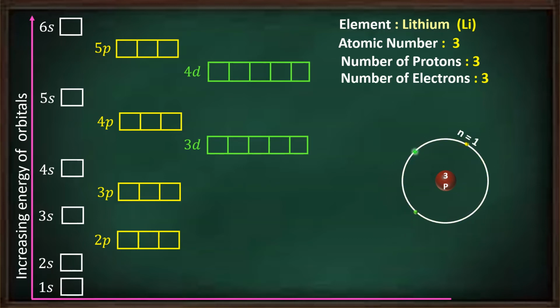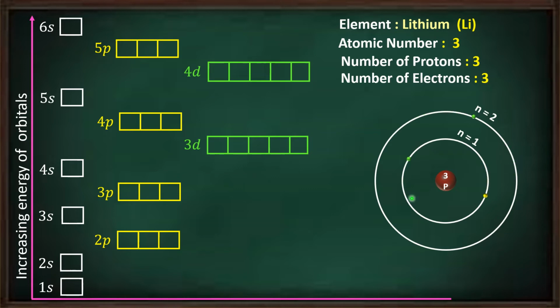In the first orbit, 2 electrons are revolving, and in the second orbit, n equal to 2, 1 electron is revolving. Now we have to distribute these 3 electrons into these orbitals as per the above 3 rules. So the first electron enters into 1s orbital.